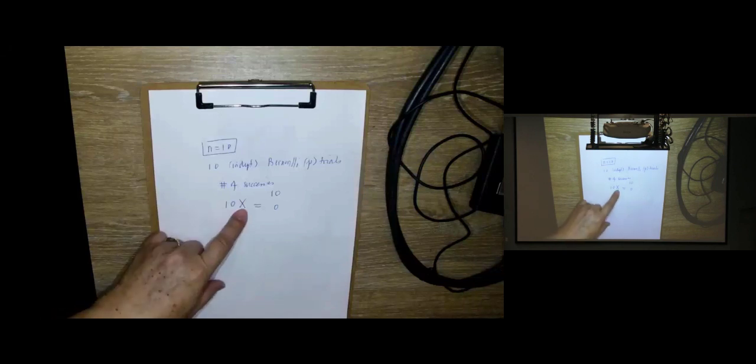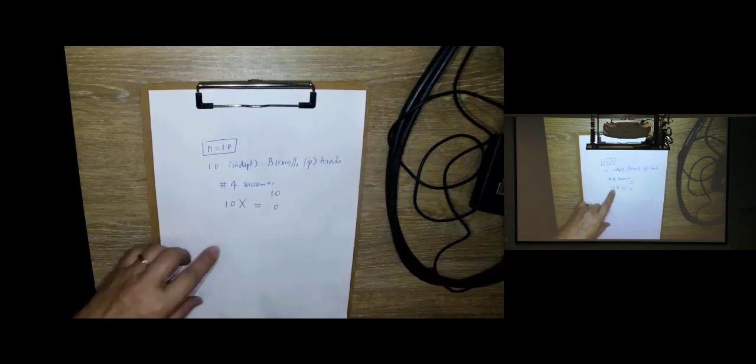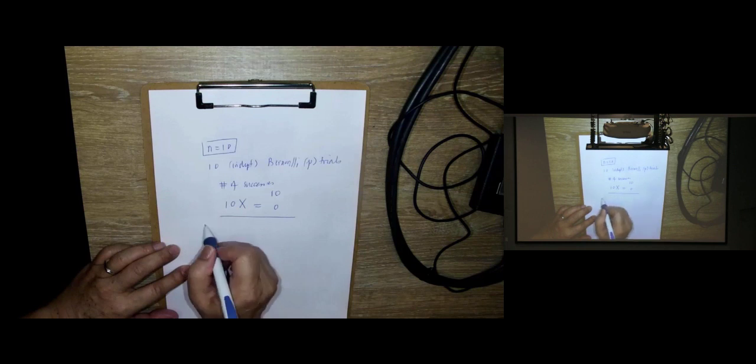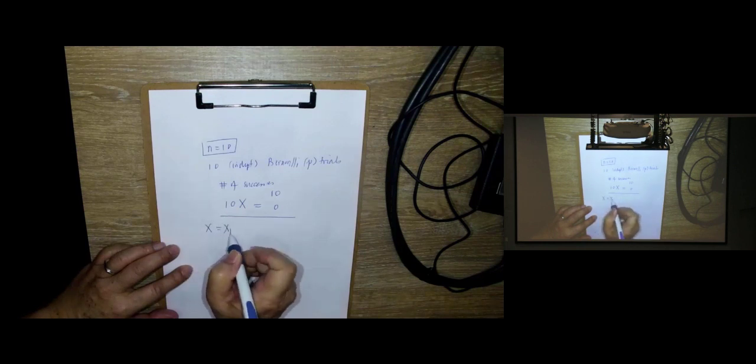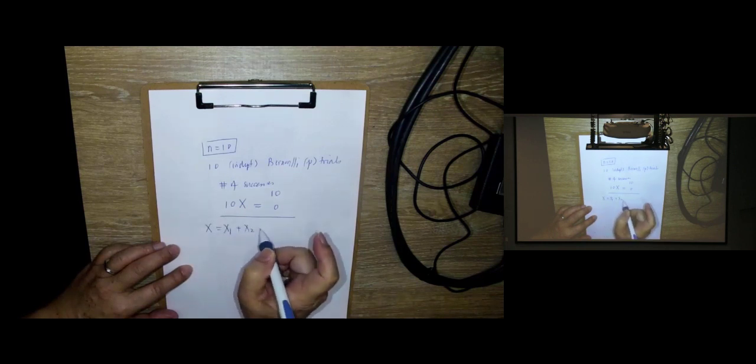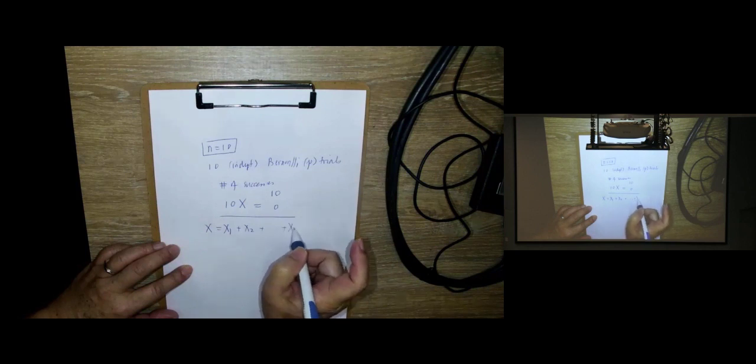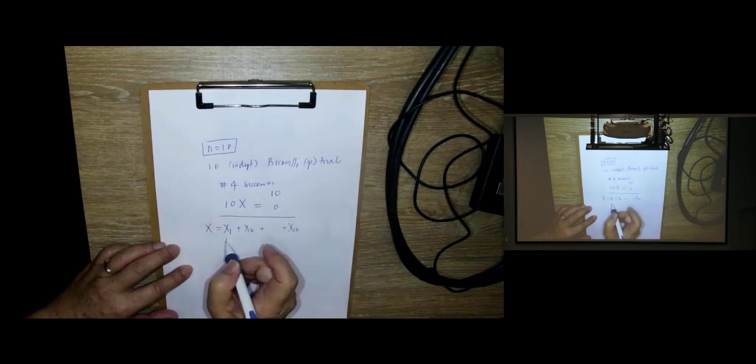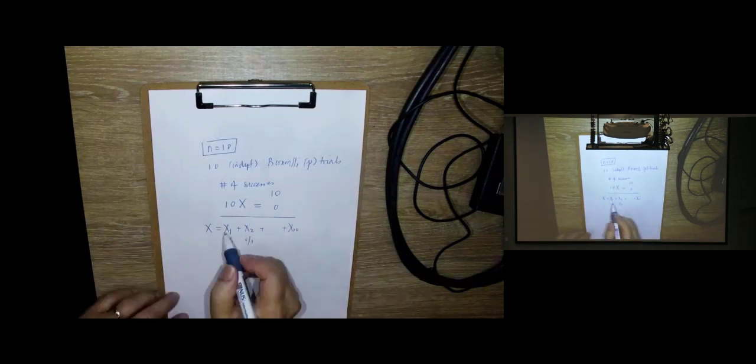There are only 2 choices, because depending on whether x is 0 or 1, it's 0 or 10. The one that we are actually interested in should be this sum, because each one is either 0 or 1 here, 0 or 1 here, and so this would be this. All right?